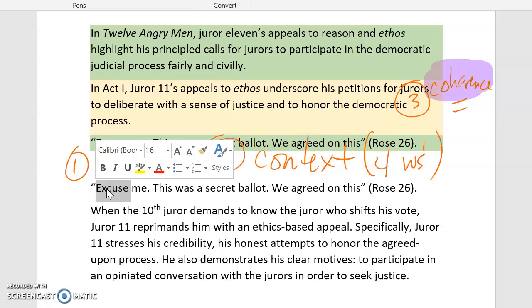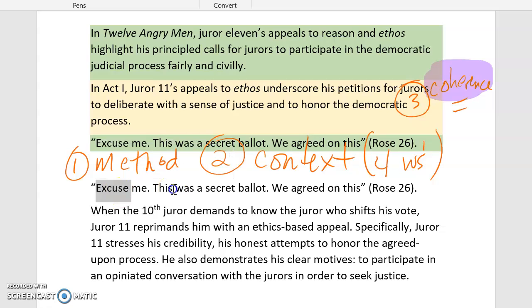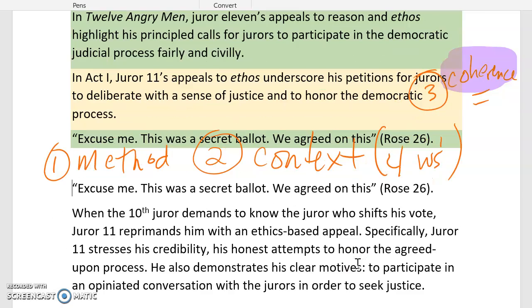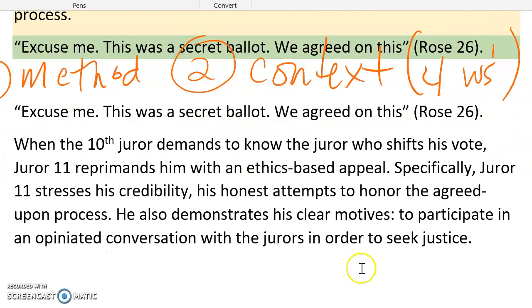So I'll model for you then what blending looks like. And you'll hear my conversation out loud. So if you remember, this was the example that we used yesterday. And if you remember, there's our elaboration. So we've already got our elaboration written here. Now I need to work on blending. So again, the first consideration is method. Which method would be the best one for this one? Should I identify the speaker? Should I use a colon?